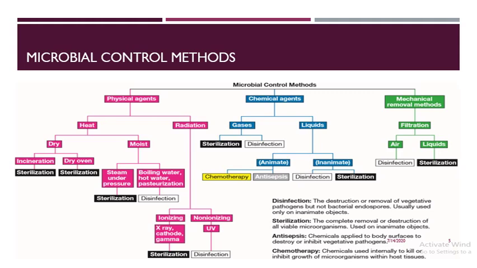And inanimate means those liquids which are used to sterilize non-living substances, like our floor, our ceilings, our windows. Then here are some mechanical removal methods in which we will study filtration, which is further divided into two classes, air filtration and liquid filtration.